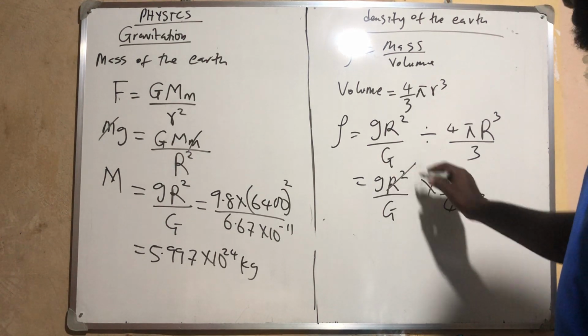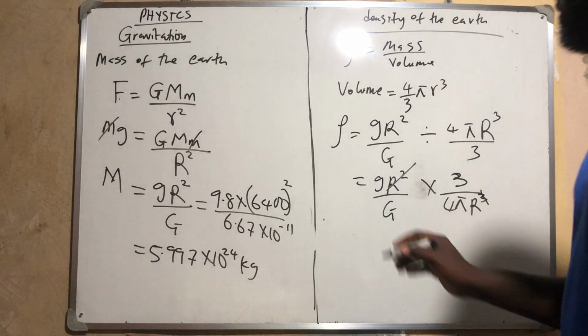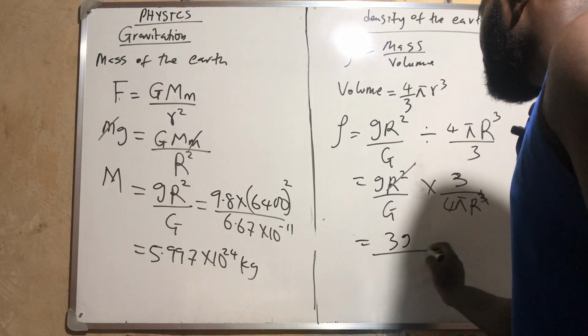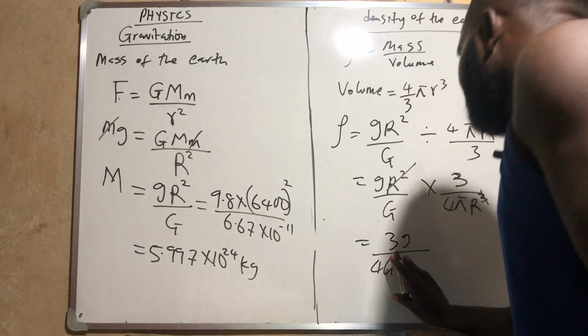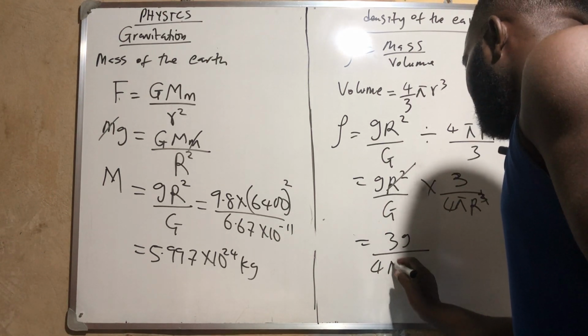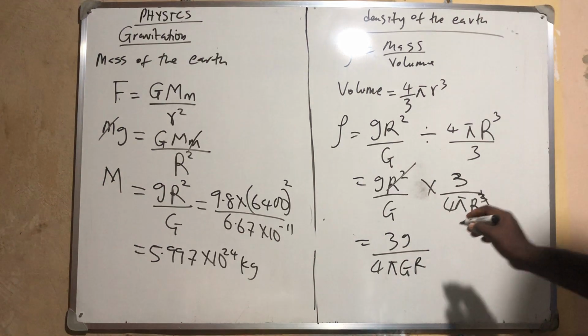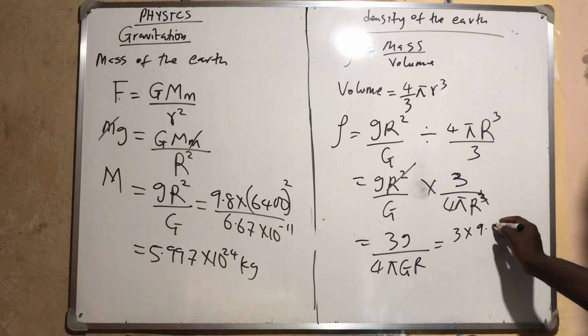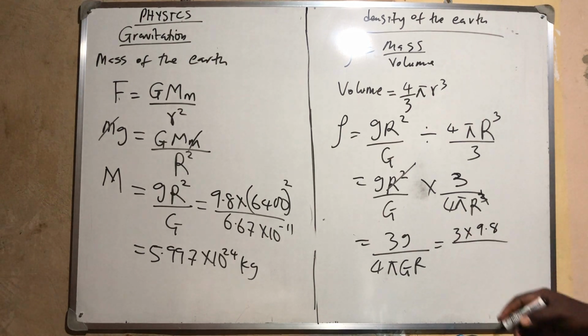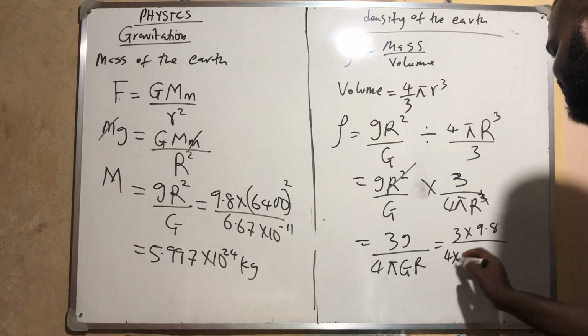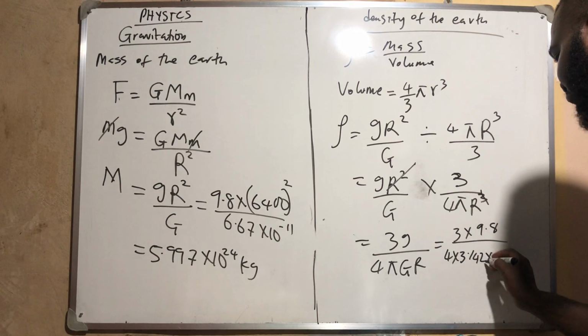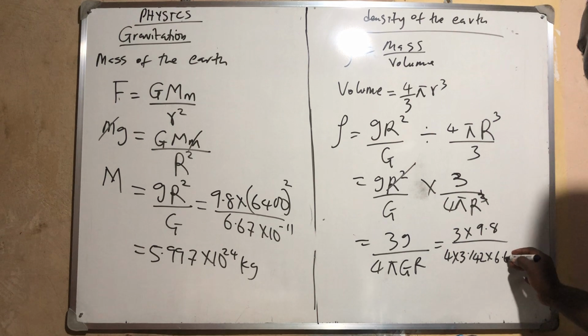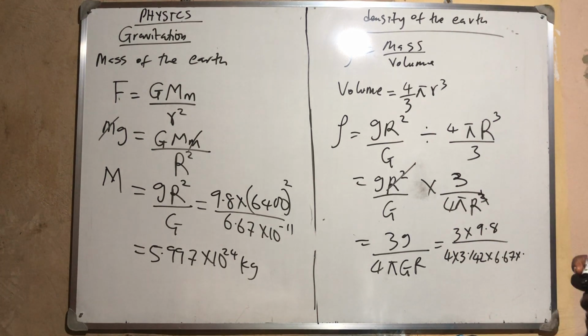Cancel r squared with r cube, remaining r. So I have 3g over 4 pi G R. Putting in the values: 3 times 9.8, all over 4 times pi, which is 3.142, times G, which is 6.67 times 10 raised to power minus 11, then times the radius of the earth, 6,400.